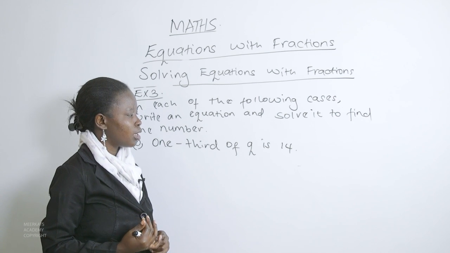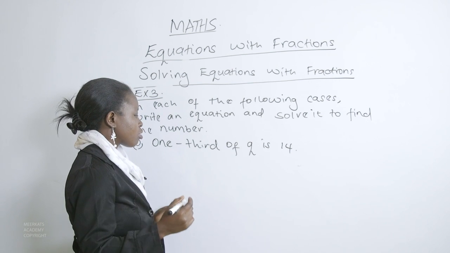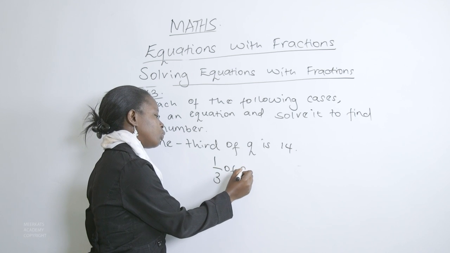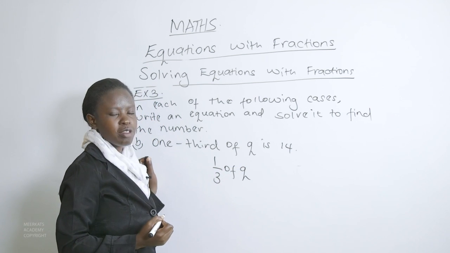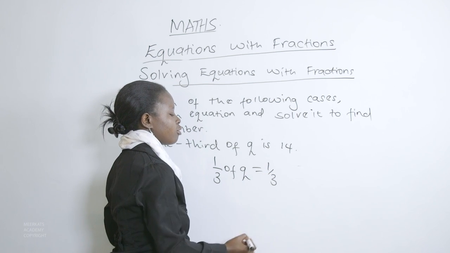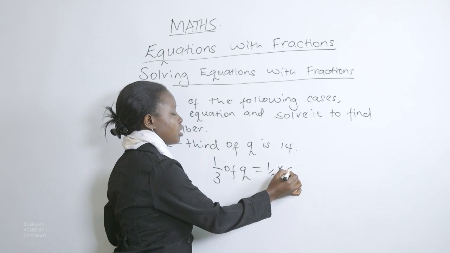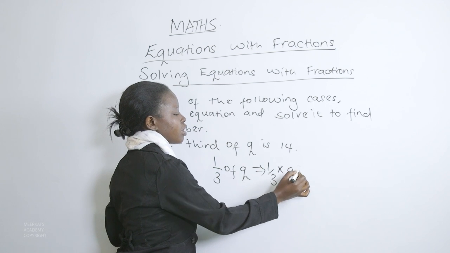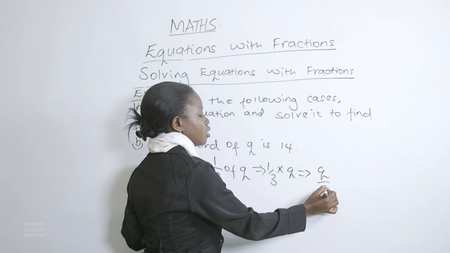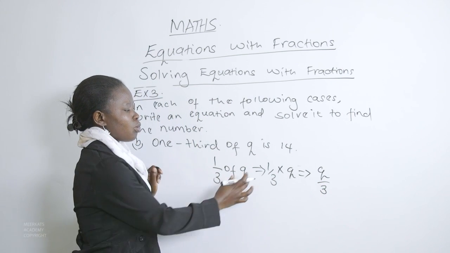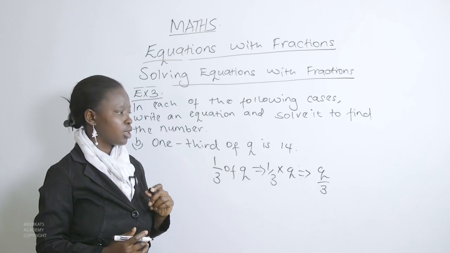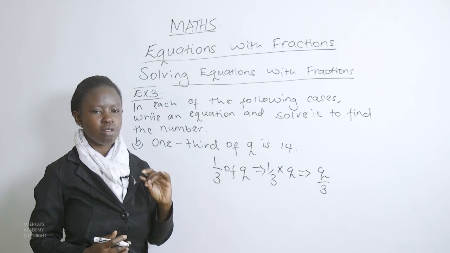So we need to find 1/3 of q. So the expression, we have 1/3 of q. Of simply means we multiply, so this means that we have 1/3 multiplied by q, and this expression is the same as q over 3. Because 1 times q is q, then we have the denominator is 3. So 1/3 of q is 14.